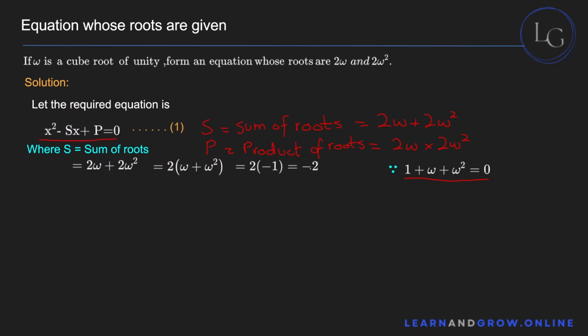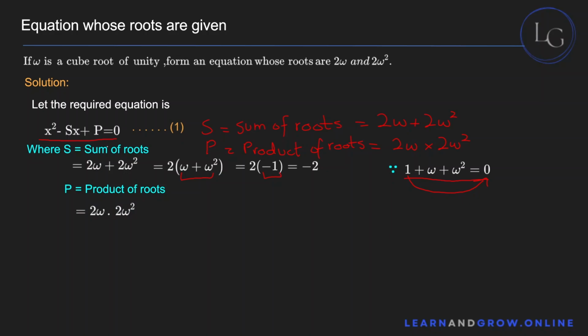If you take 1 to the other side, omega plus omega square is equal to minus 1. And so that's why we replace omega plus omega square here with minus 1, and so the sum of roots here is equal to minus 2.